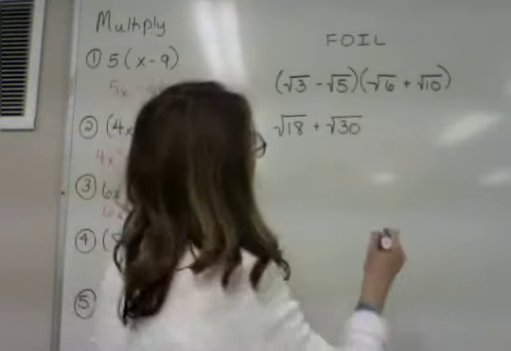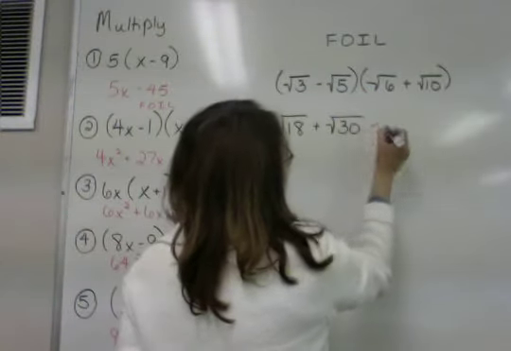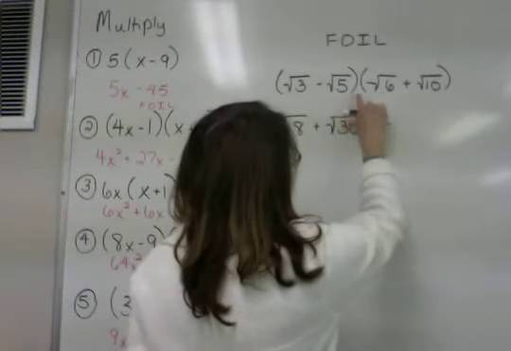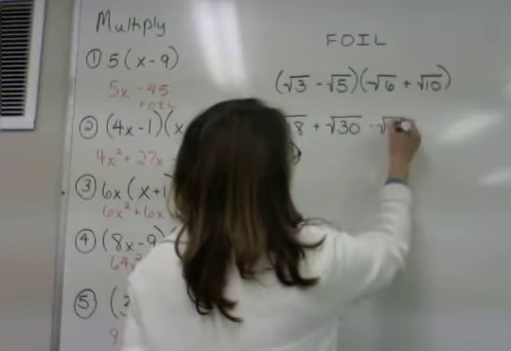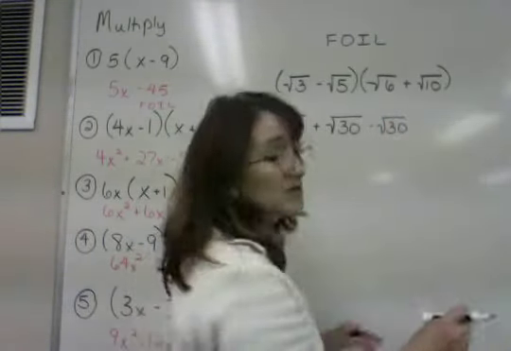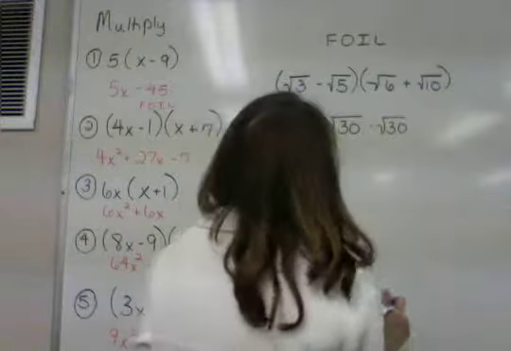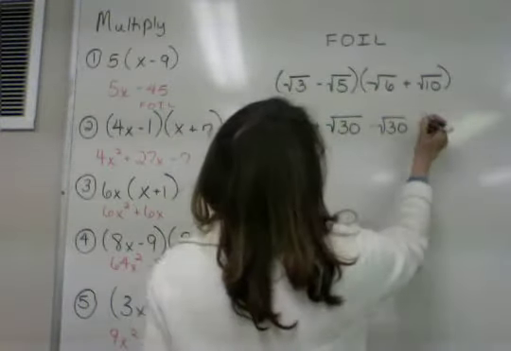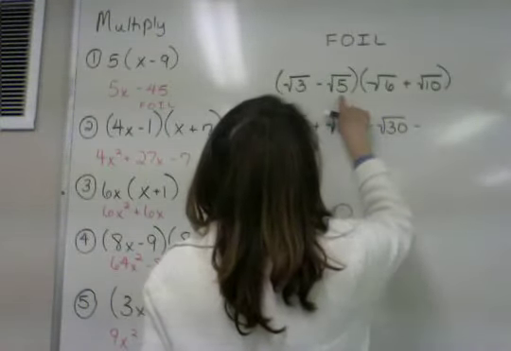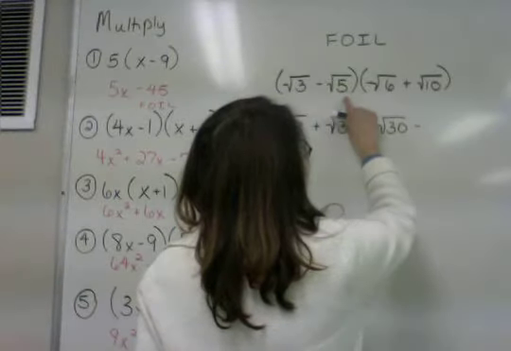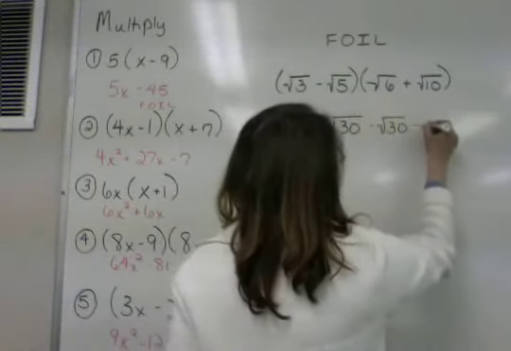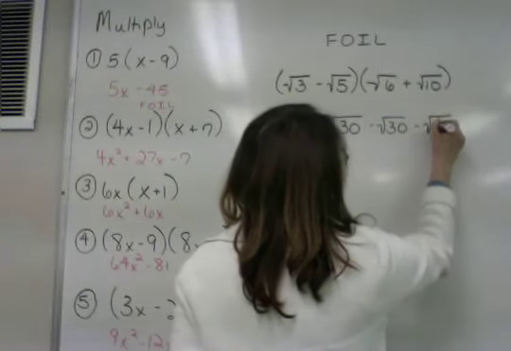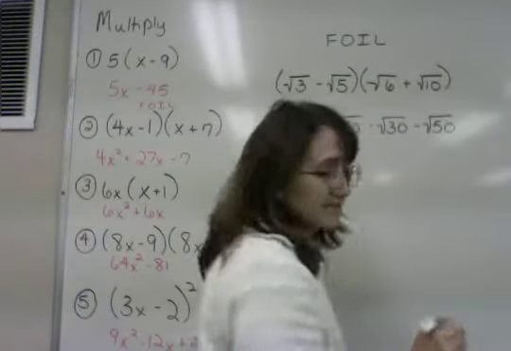My inner term, I'm going to multiply the 5 to the 6, that becomes a negative radical of 30. You can kind of see what's going to end up happening here. Then I'm going to finally multiply the radical of 5 to the radical of 10.